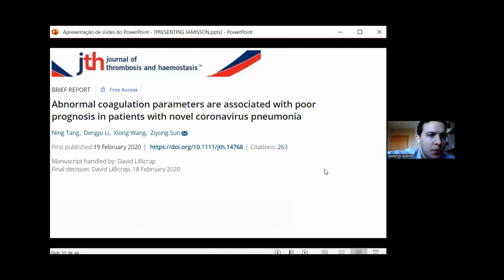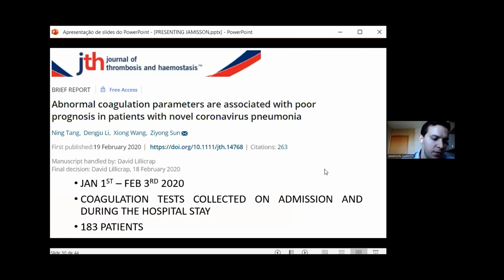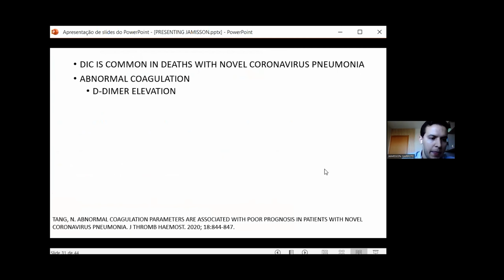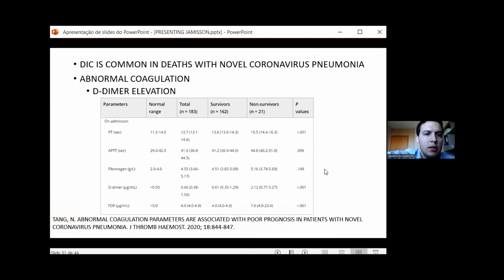Abnormal coagulation parameters were collected on admission in this study of 183 patients, and it showed that disseminated intravascular coagulation was common in deaths with novel coronavirus pneumonia. Abnormal coagulation shows in tests, especially the D-dimer.